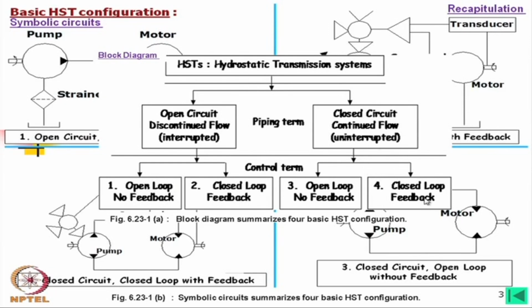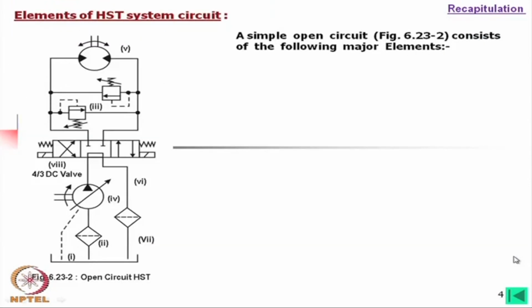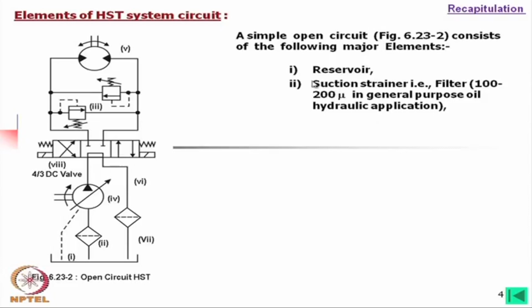This part is also the same. Now, in reality, the circuit will look like this. This is a simple open circuit, consisting of the following major elements. What is that? There is a reservoir, then suction strainer.